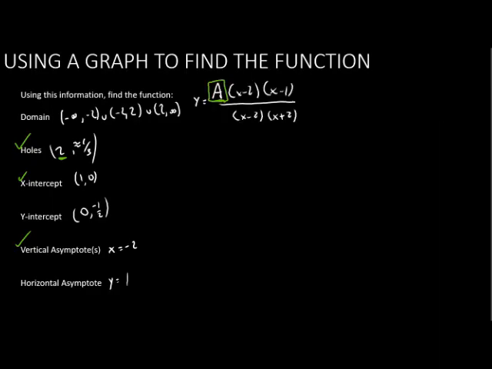The usual way that we find a is by using the y-intercept. The y-intercept says (0, -1/2) is on this graph. Therefore, we can say that when x is 0, y is -1/2. We're going to let x equal 0 and y equal -1/2 and see what a is.